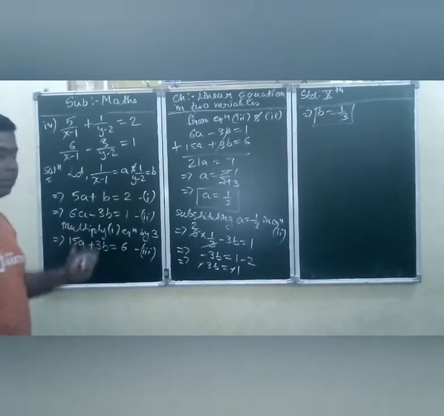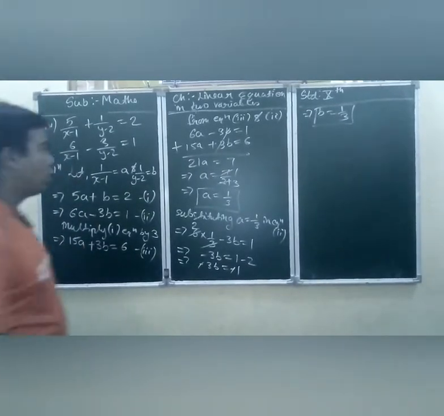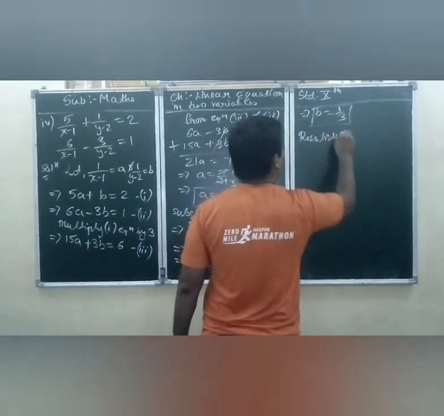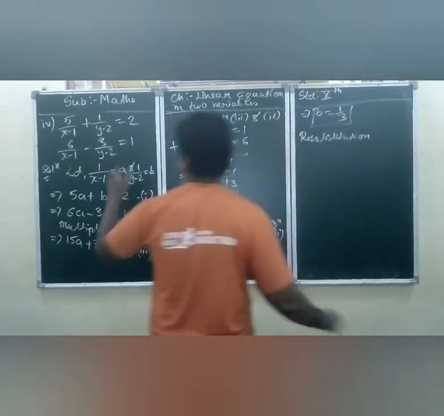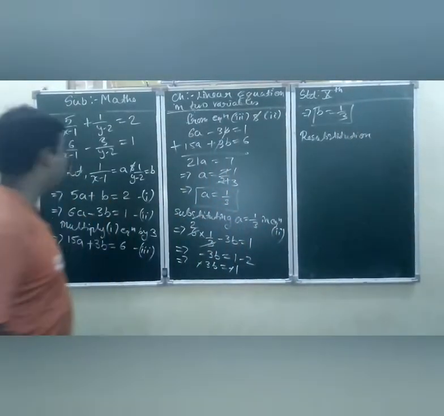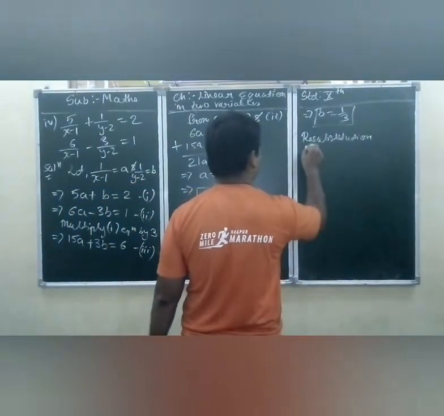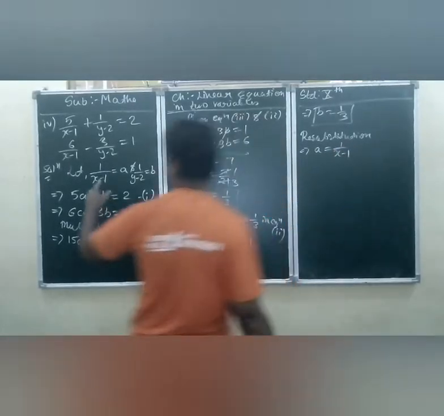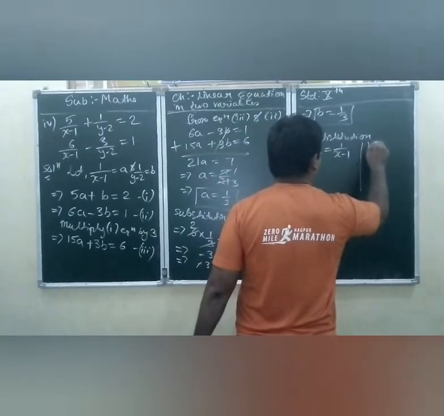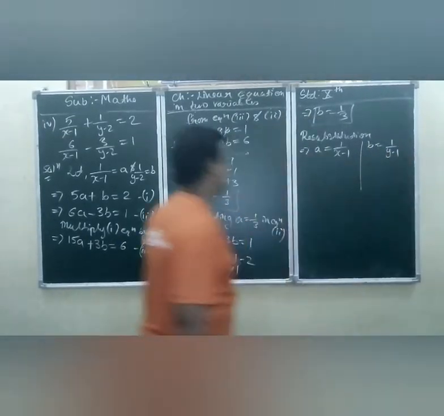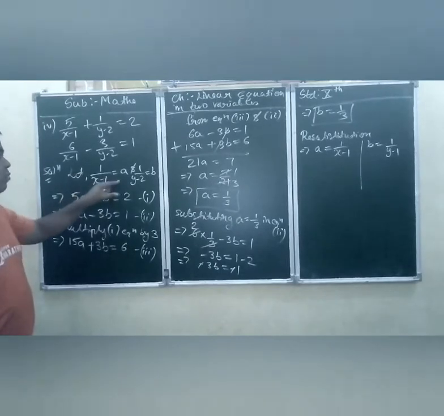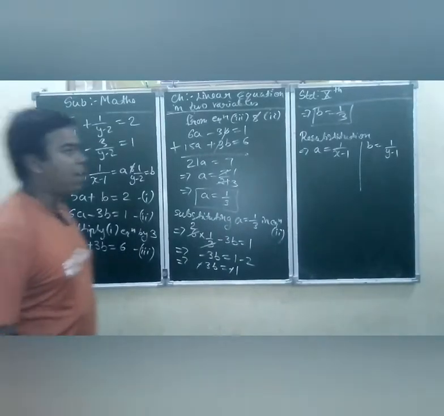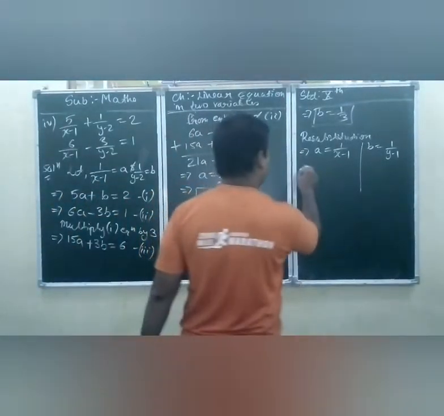Now we find the values of x and y, so this is the substitution. We took a equal to 1 by (x-1), and b equal to 1 by (y-2), because first 1 by (x-1) we took as a and 1 by (y-2) as b.